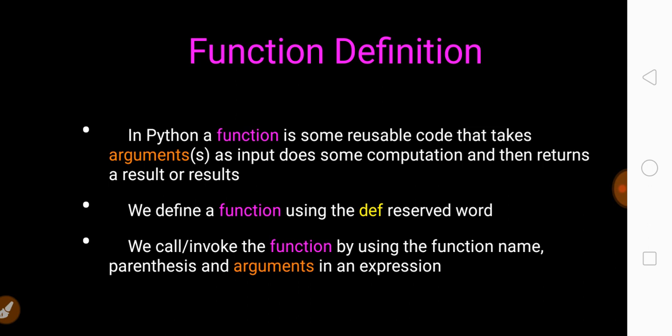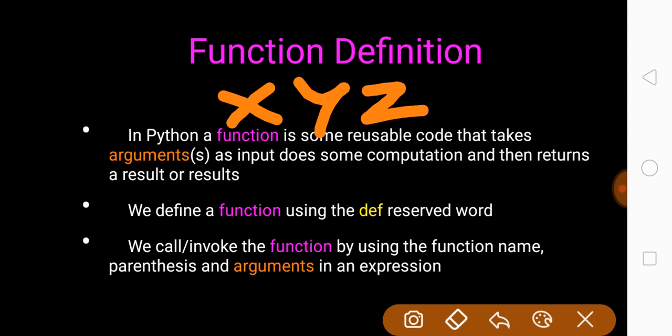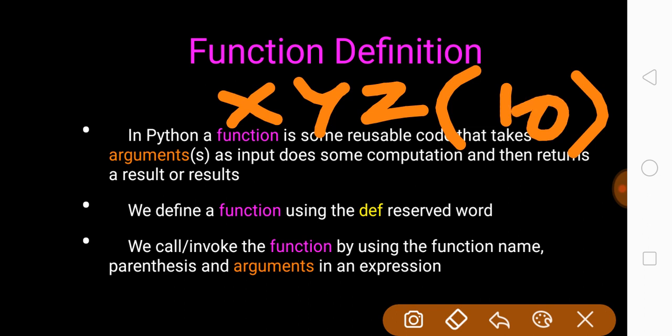Okay, and there is also some terminology used, which is the argument. Suppose we are calling a function xyz, and within the parentheses we give a value, say 10. This 10 is our argument. Getting my point?